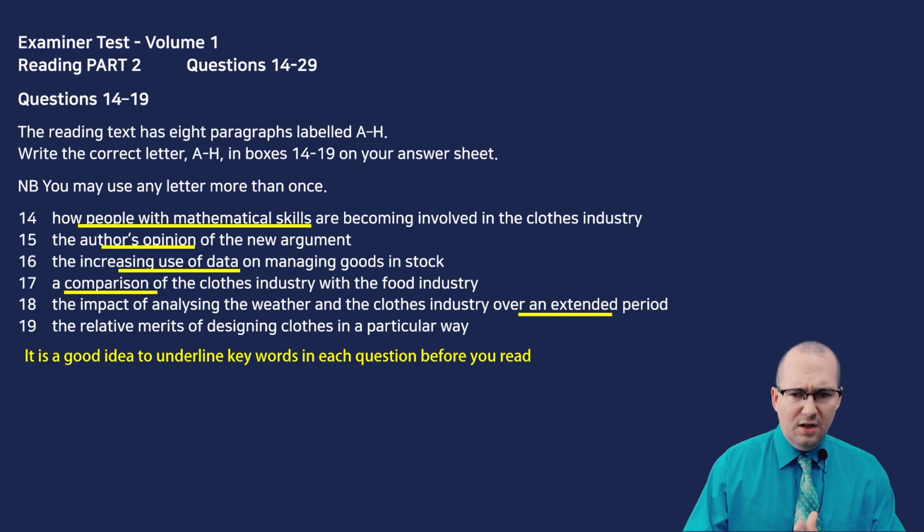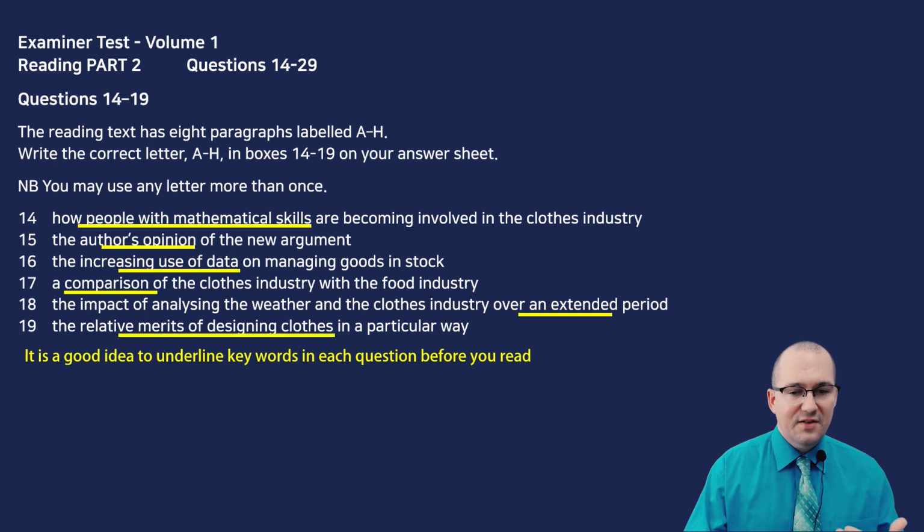And this sentence is quite long. So usually, the impact of analyzing weather, there might be a couple paragraphs about that. And then here we are, over an extended period. I kind of get the feeling that there must be a paragraph that just focuses on the extended period portion, okay? So we need to make sure we find that paragraph.